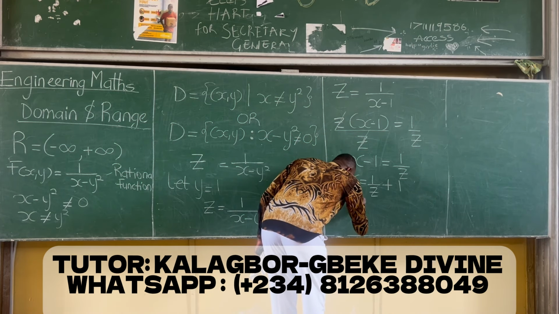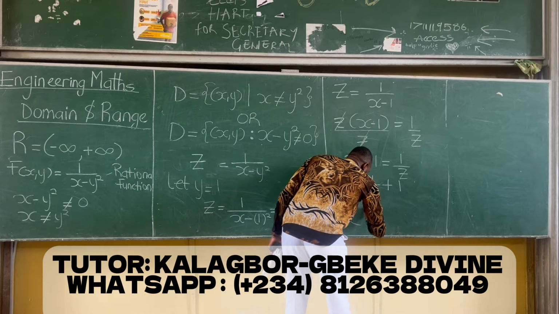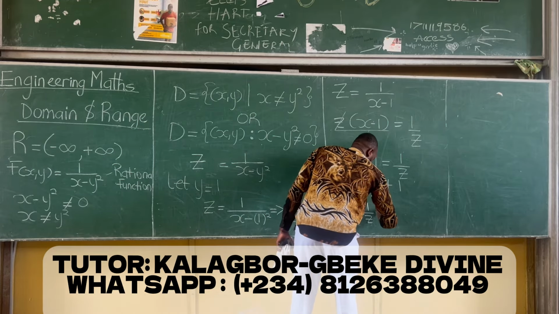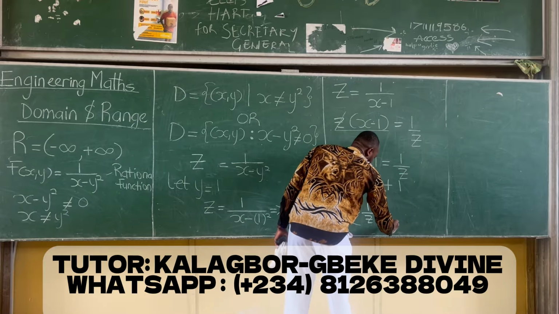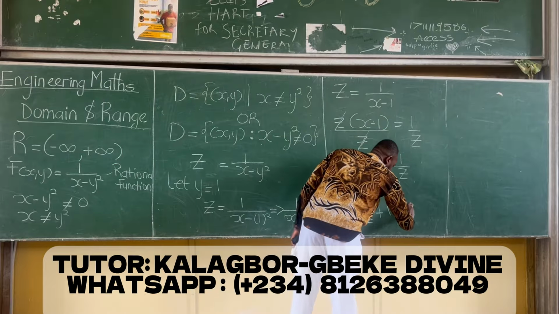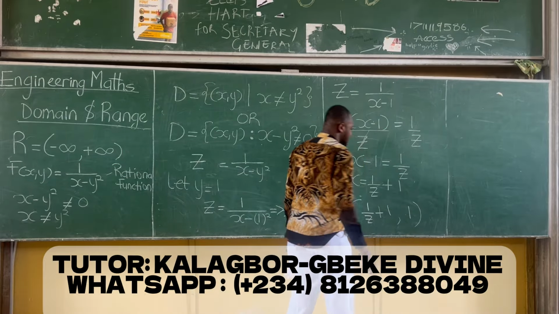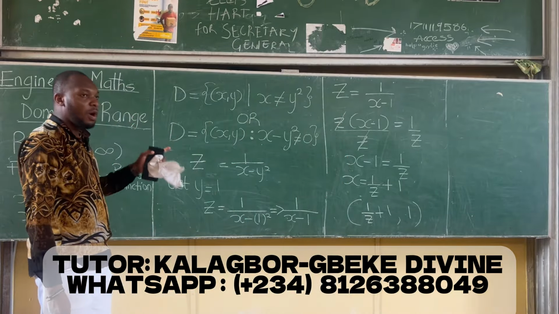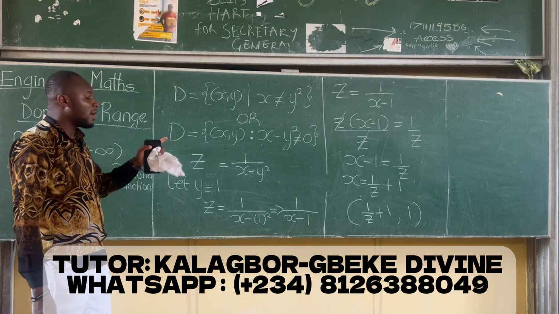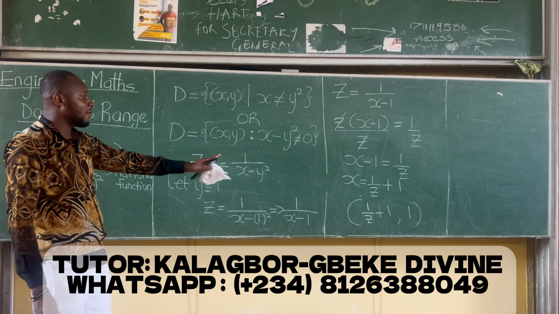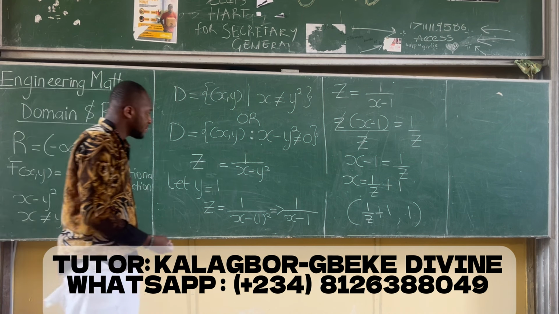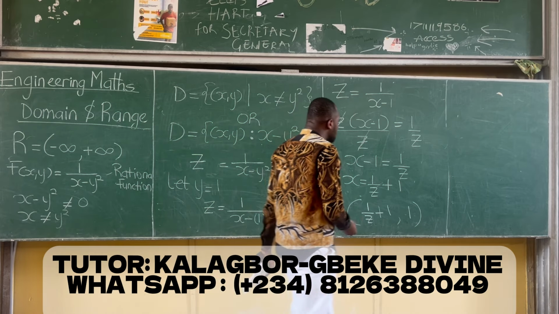We can now write 1 over z plus 1, comma 1. That's what will represent our value for x and y.